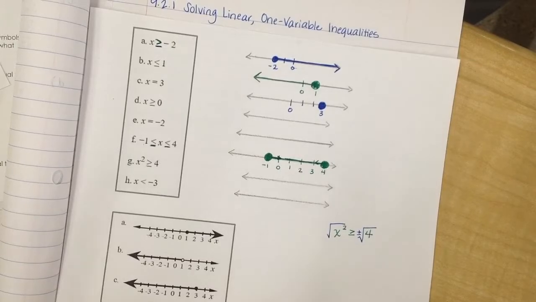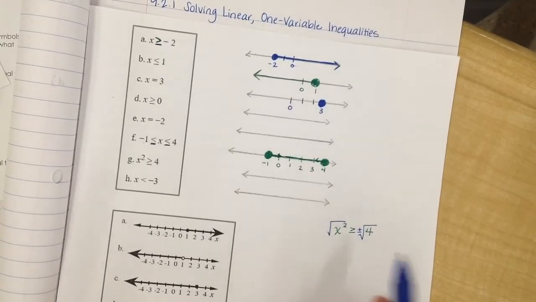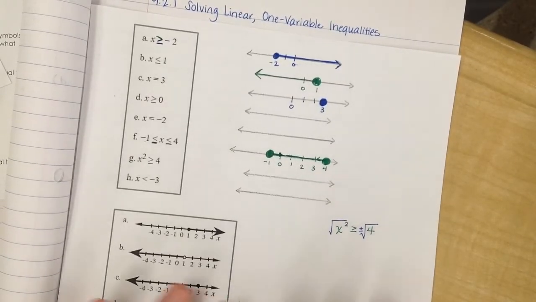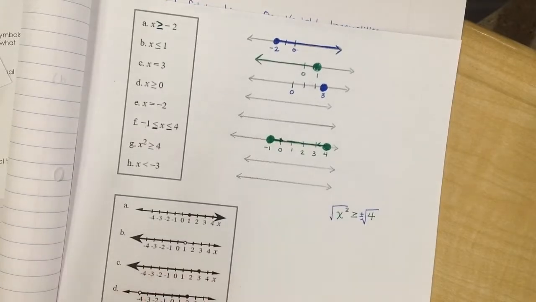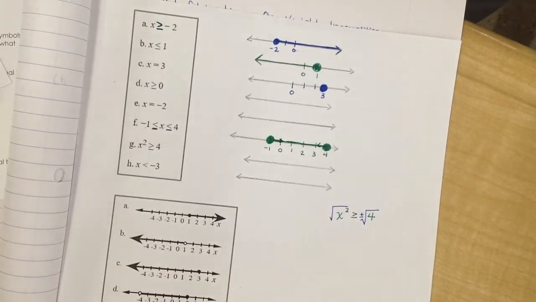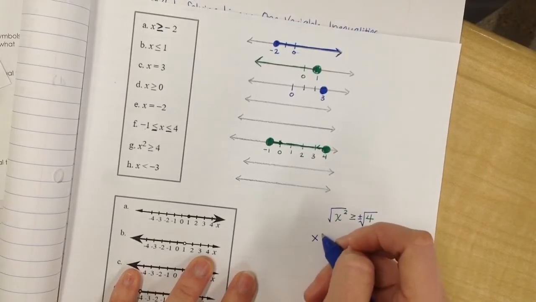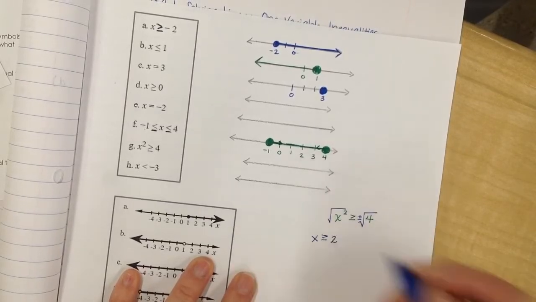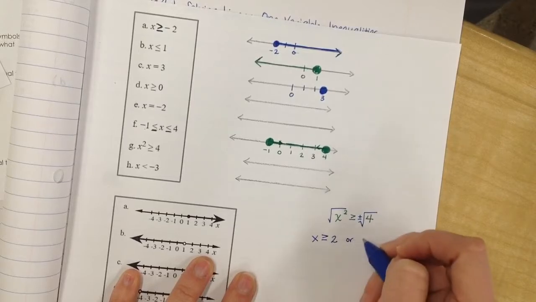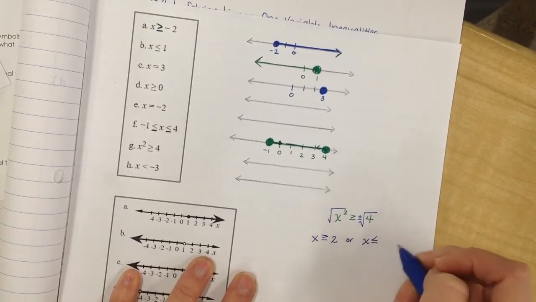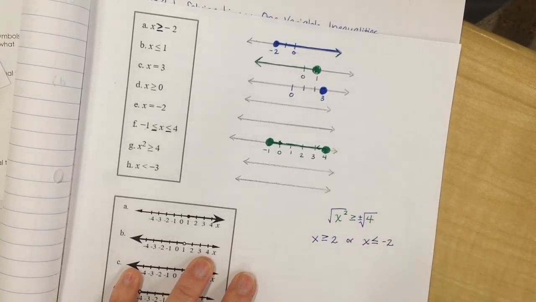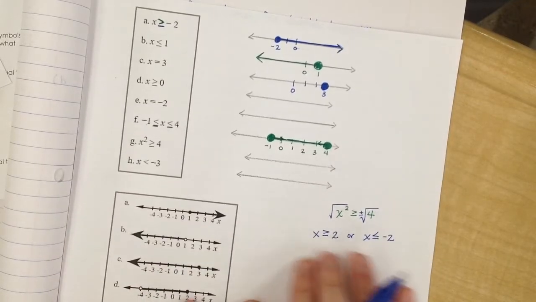Now this gets a little bit tricky, because when you multiply by a negative, you have to flip the sign. And so technically, this might have given you a bit of an issue. It should actually end up being x is greater than or equal to +2, or x is less than or equal to -2.